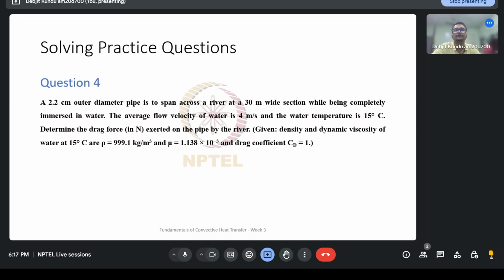This is a numerical type question. It's asking us that a 2.2 centimeter outer diameter pipe is to span across a river at a 30-meter wide section while being completely immersed in water.